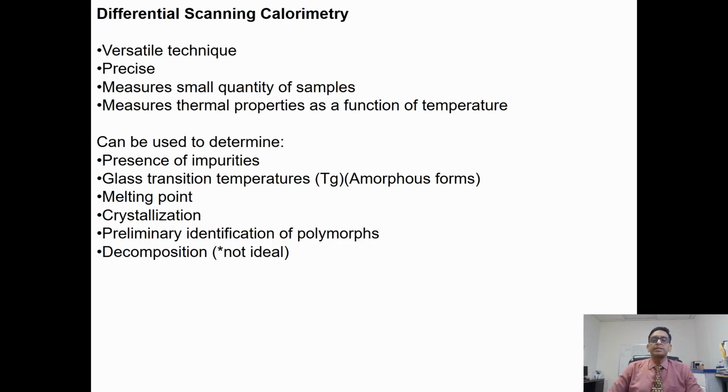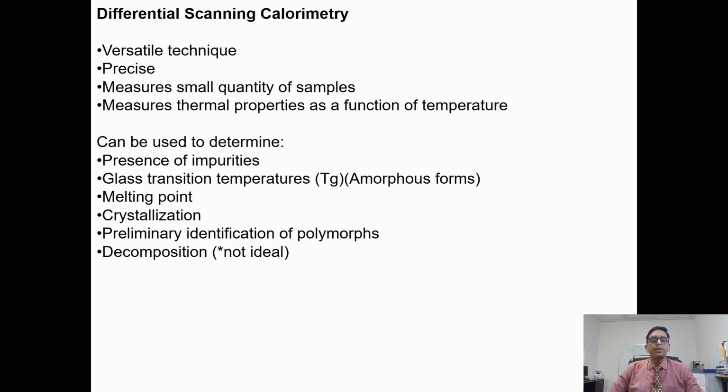It measures thermal properties as a function of temperature and can be used to determine the presence of even impurities. The pure drug DSC thermogram and the mixture of the drug and the impurity are run together, and we can differentiate the extra peaks or the reduced intensity of the peak. Entropy or enthalpy can be determined by going through differential scanning calorimetry.